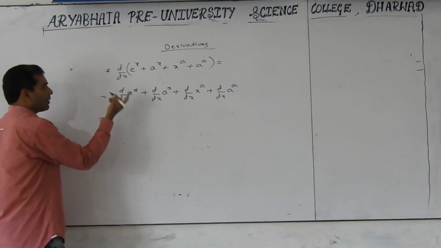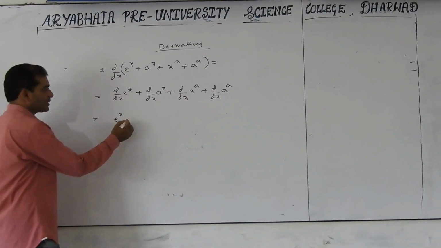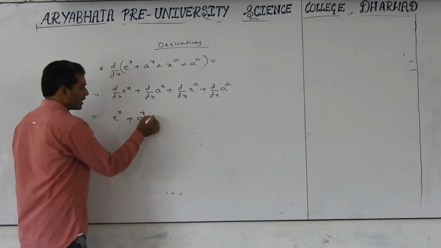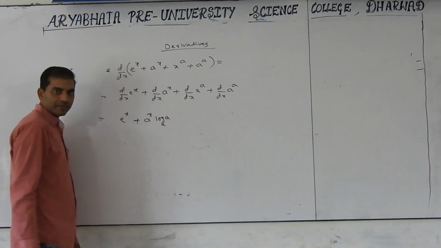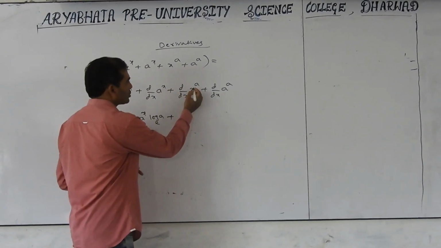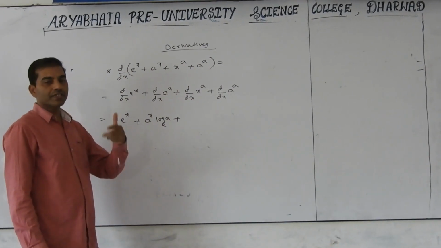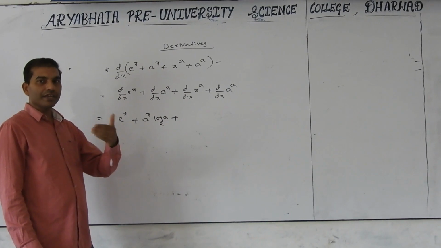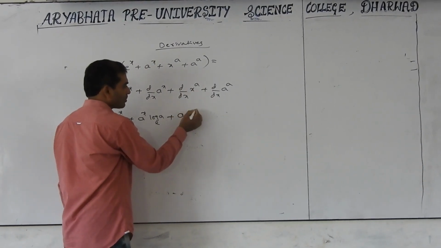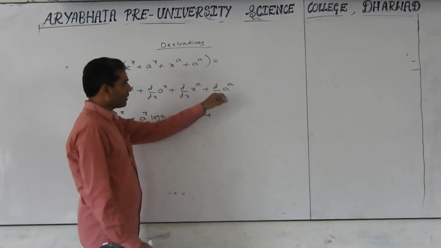E power x derivative is e power x, plus a power x derivative is a power x into log a base, plus x power a, x raised to n is in the form of x raised to n. X raised to n differentiation is n into x power n minus 1, where n is a, so a into x power a minus 1, plus what about a power a?